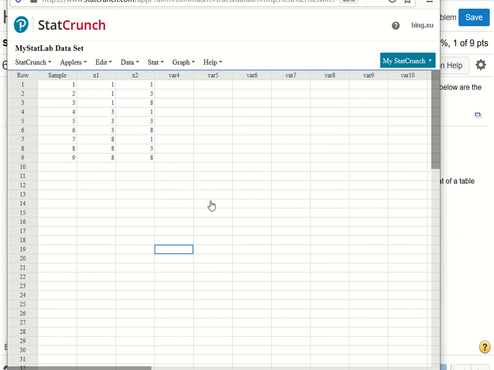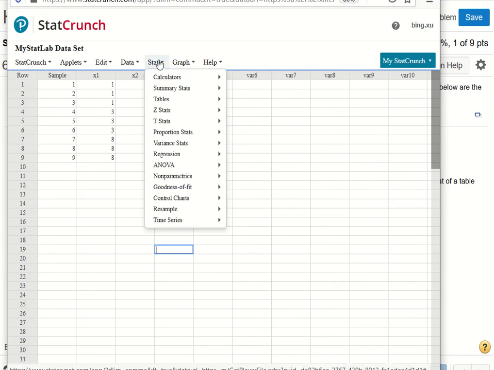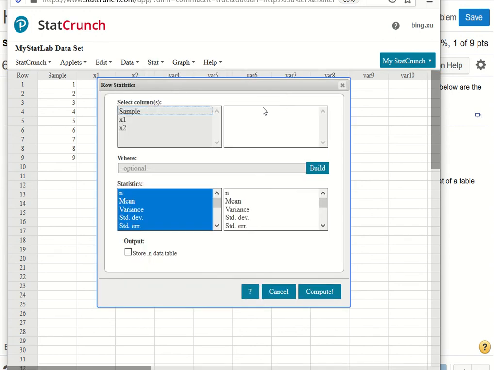I'm going to find the sample standard deviation for each sample. We have 9 samples here, so I'm going to use Summary Stats, Rows, because I'm going to find the standard deviation for each row.